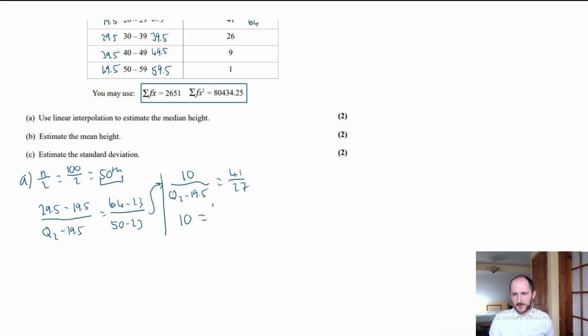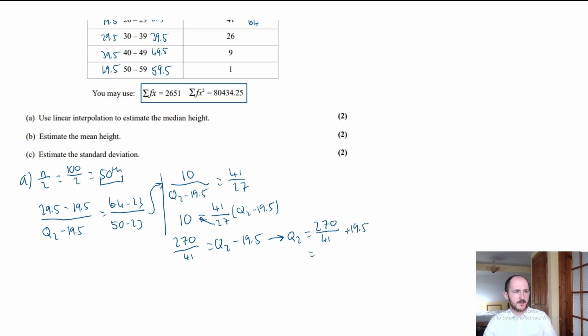So first times up the denominator of the left-hand side, which gives you Q2 minus 19.5. And then we're going to times by 27, which gives us 270, and divide by 41, equals Q2 minus 19.5, which means the final answer is going to be Q2 equals 270 over 41 plus 19.5. Nice and lightning fast.